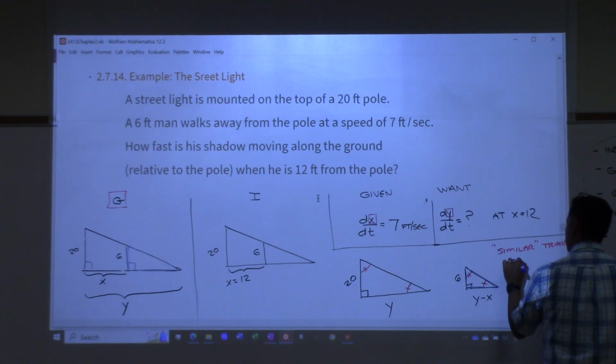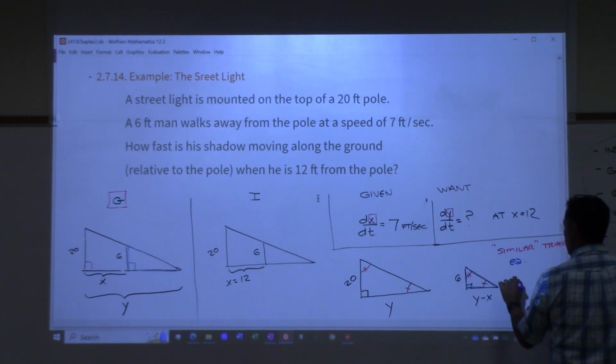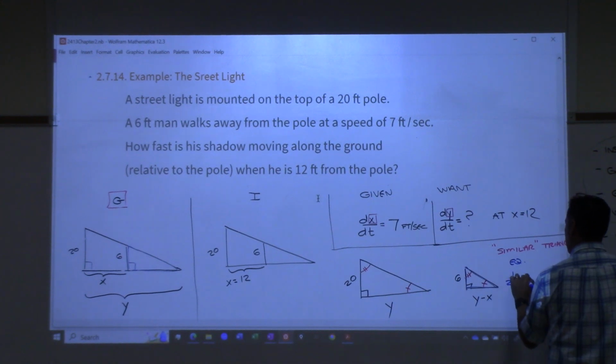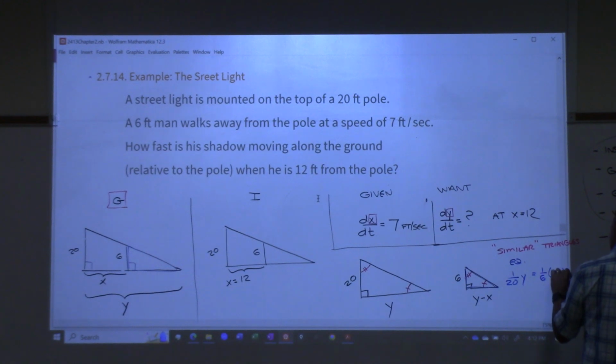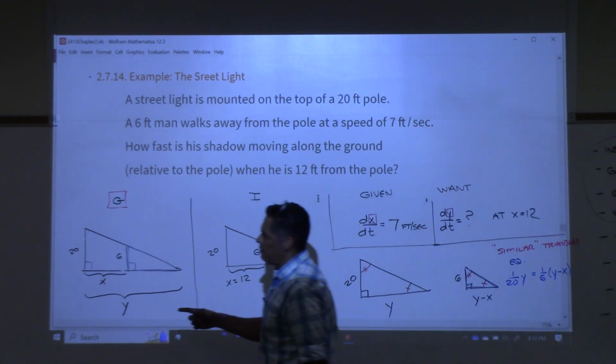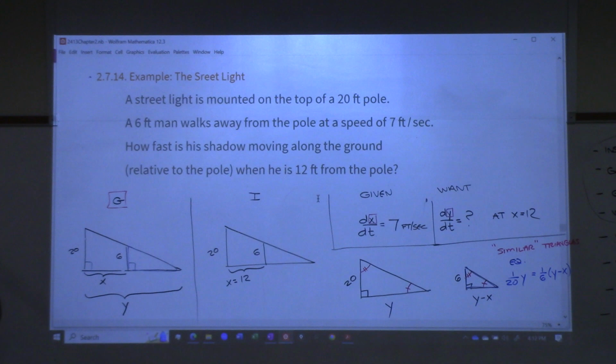Let me write it this way: 1 over 20 y equals 1/6 times y minus x. All I did there was rewrite the 20 on the bottom as a 1/20th and the 6 on the bottom as a 1/6. Is that all right? That's an equation. It connects y and x together. I can differentiate that now, right?